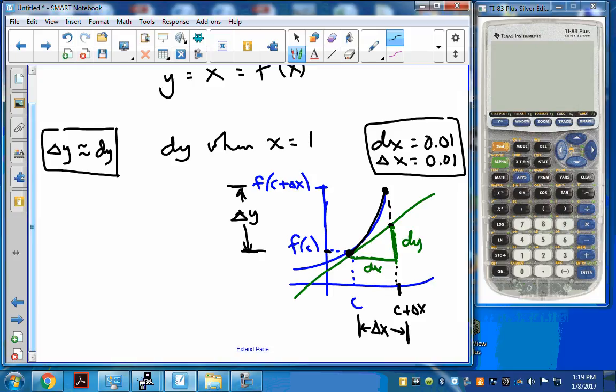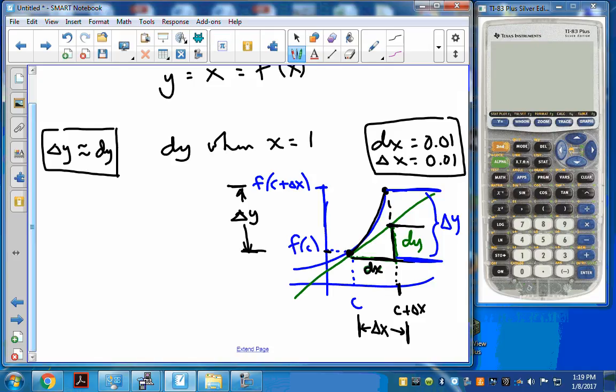And dx, which is part of this little green triangle, is the same. Those two are the same. But the change along the tangent line is dy, and the change along the curve is delta y, that's this amount way over here. Those are not the same.